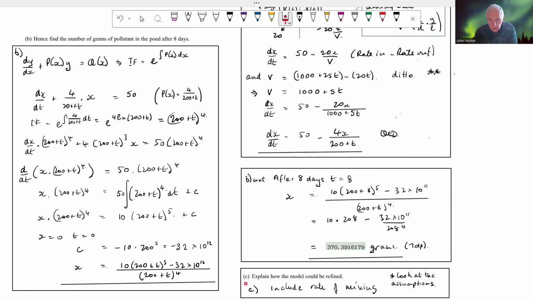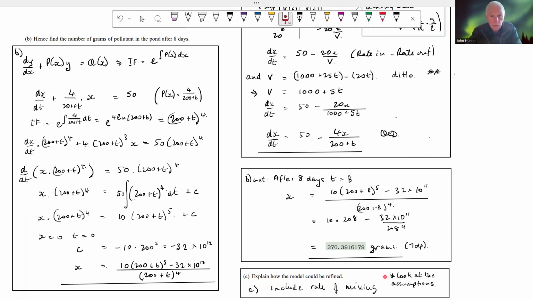Then there is a last part here, which is to explain how the model could be refined. The general thing with all these is that we've got to look at the assumptions in the question, because the assumptions are usually simplifying assumptions, and they make the model easier to work with, easier calculations and easier equations. But of course, it introduces inaccuracy.